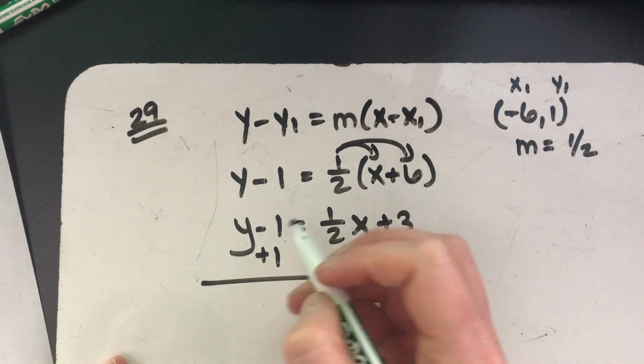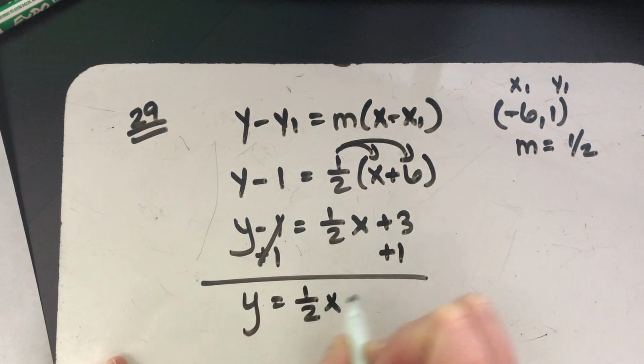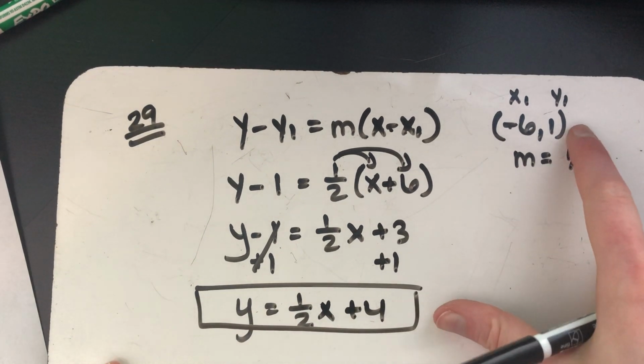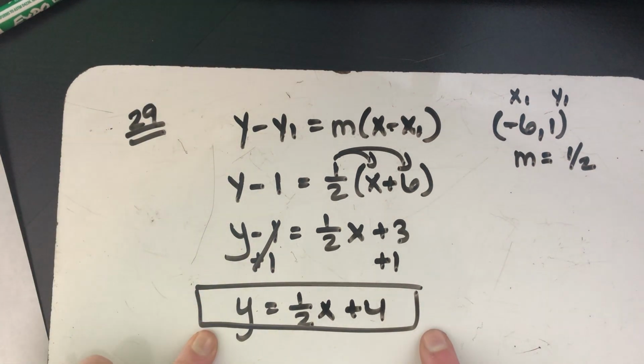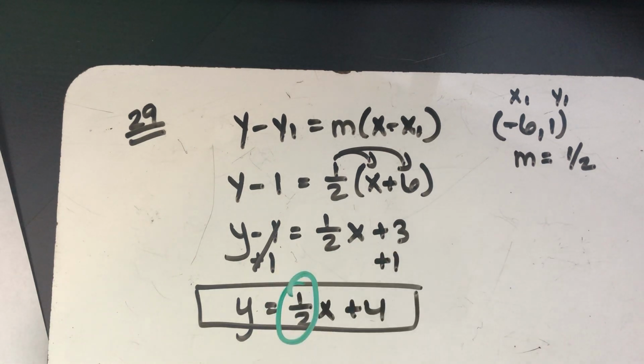So y equals 1/2 x plus 4. So given a point and its slope, I used point slope formula so I can put it in slope intercept form. When we get to parallel and perpendicular lines, you'll see in a moment why it's so much easier to spot that slope in this form.